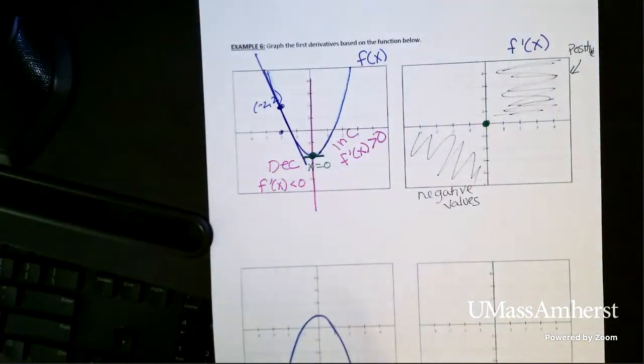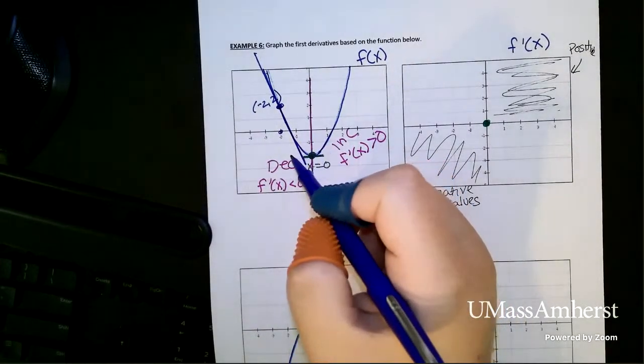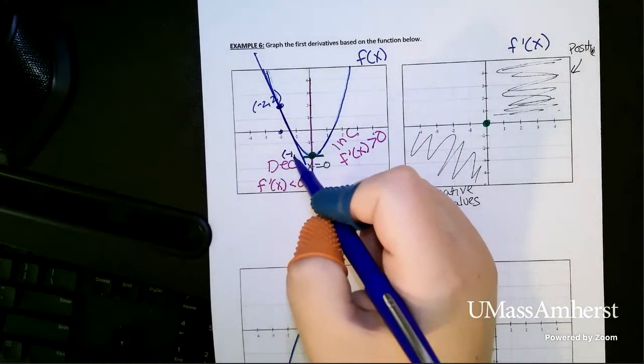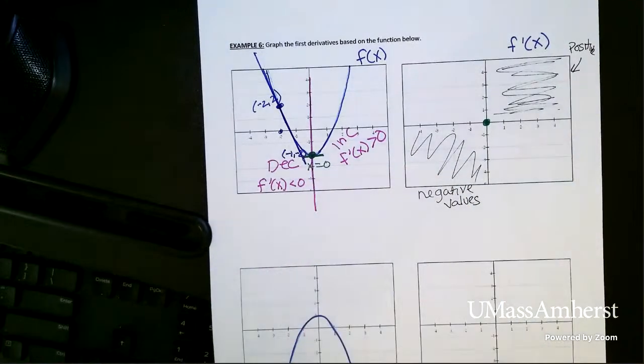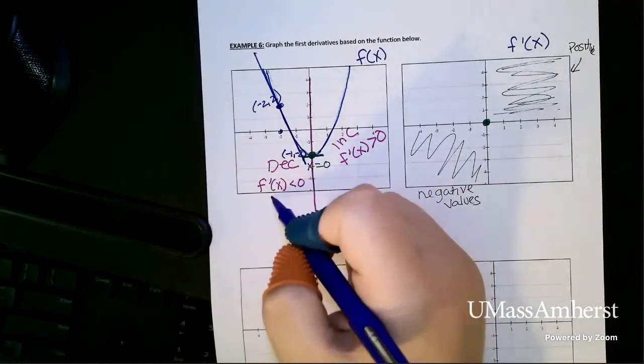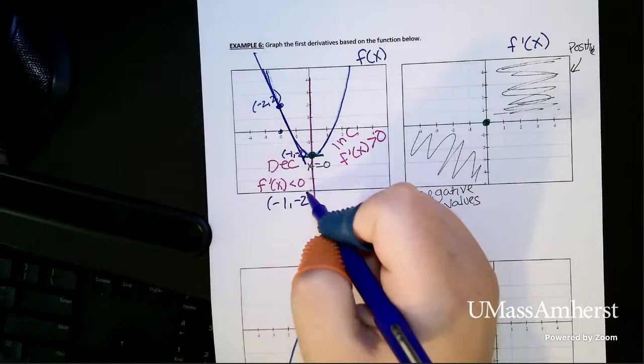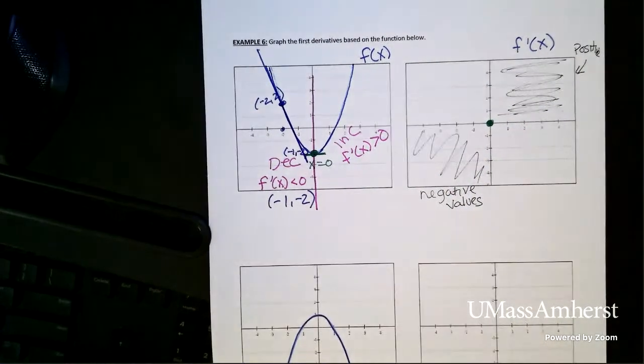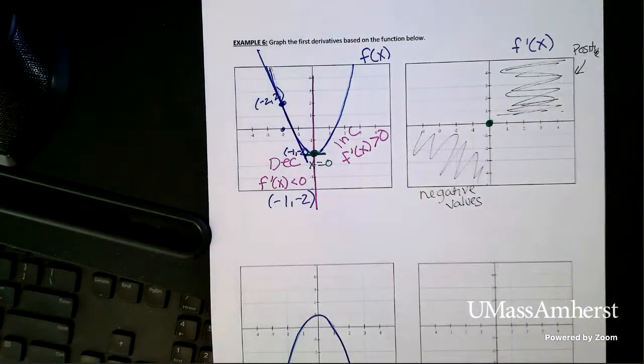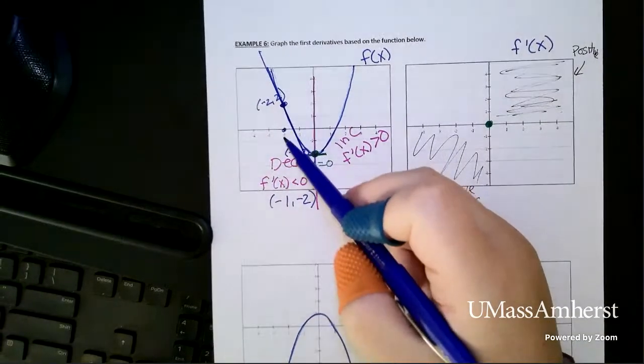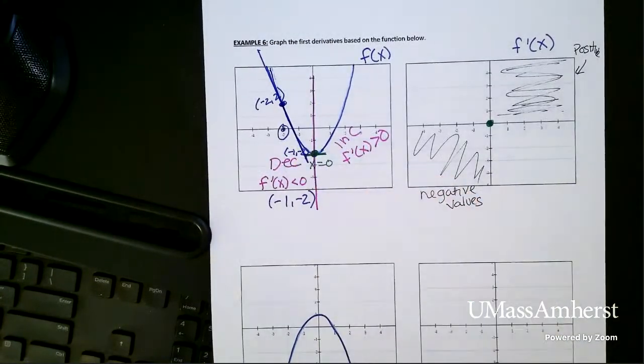That's the point where it touches. And then down here, it looks like I have the point negative 1, negative 2. I'm not sure you can see that, so I'm just going to write it down here: negative 1, negative 2. What that is going to do for me is tell me the y value when x equals 2.